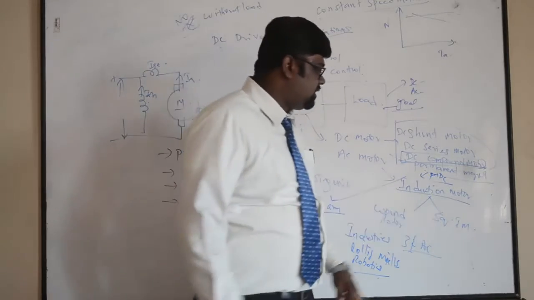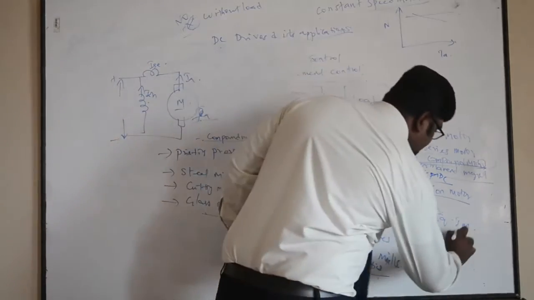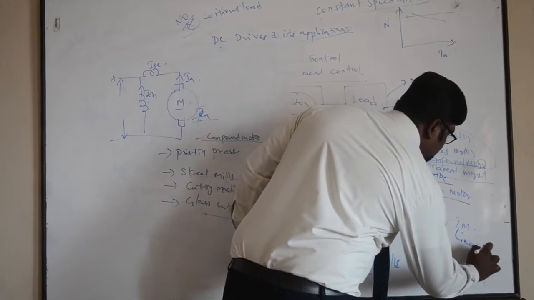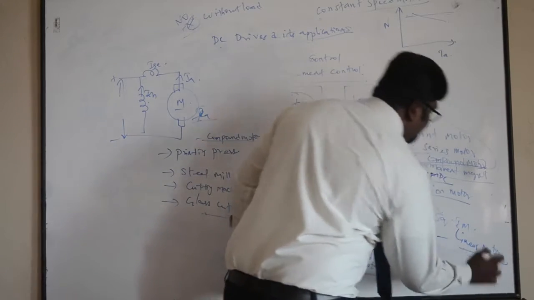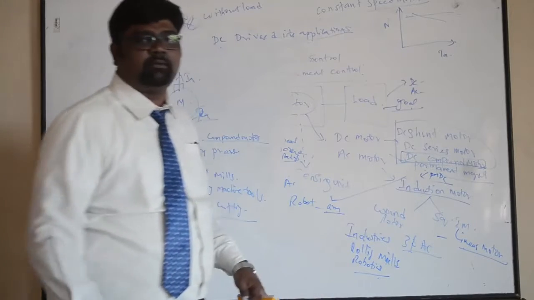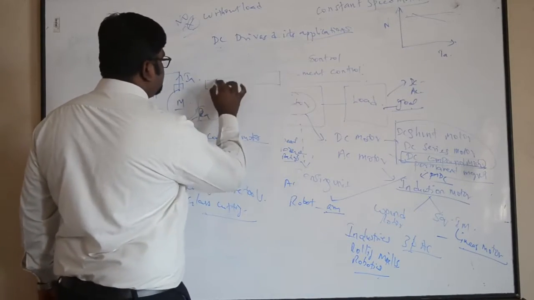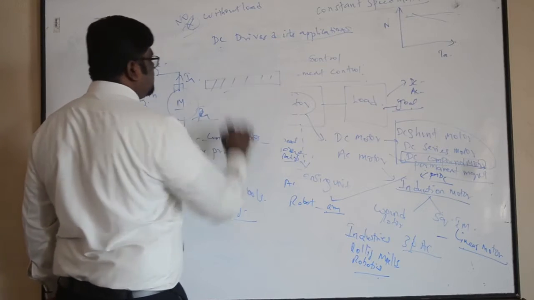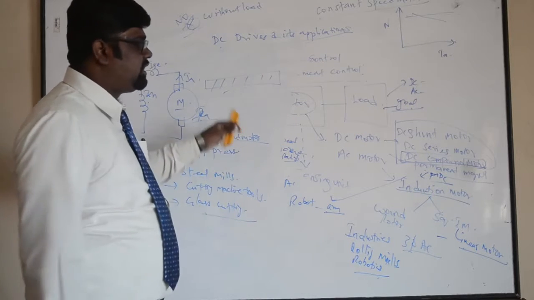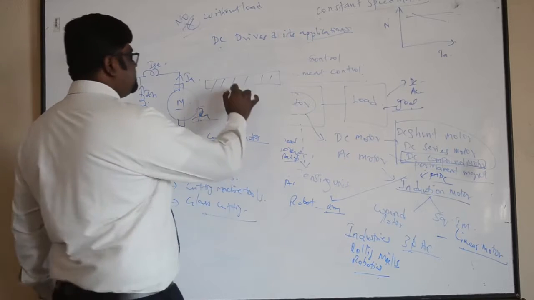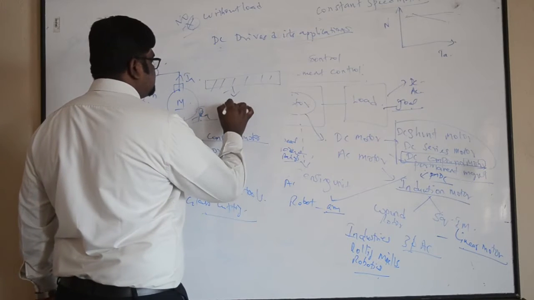In AC machines there are also linear motors, the linear induction motor. In a linear induction motor, the core is in a linear position. This is used for electric traction and magnetic levitation applications.